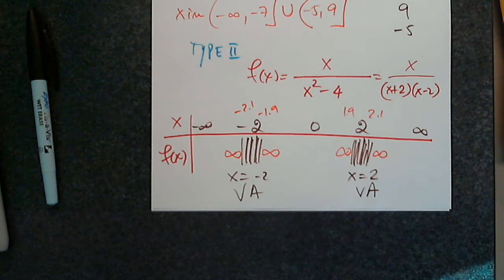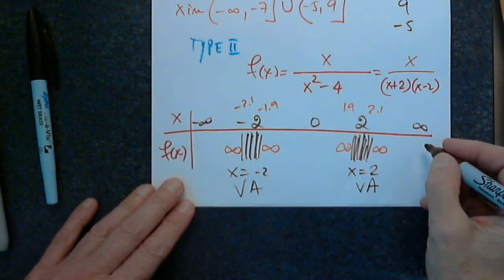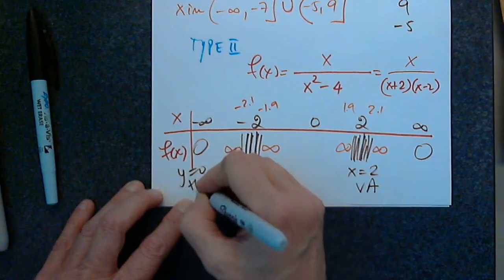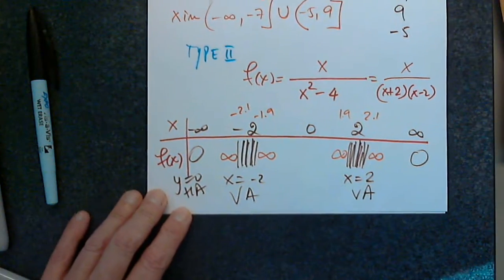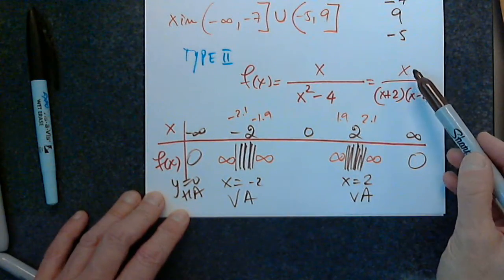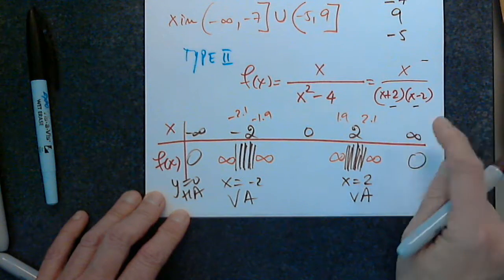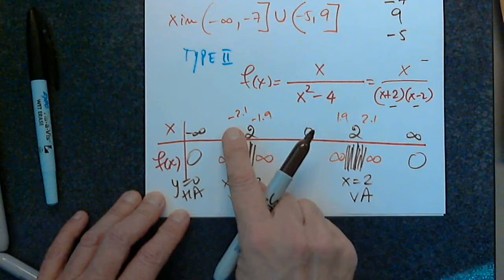So what about the horizontal asymptote of this function? What is the horizontal asymptote for any type 2 function? Always, forever, 0. So let's plug in negative 2.1. So this is negative, this is negative, this is negative with negative 2.1.